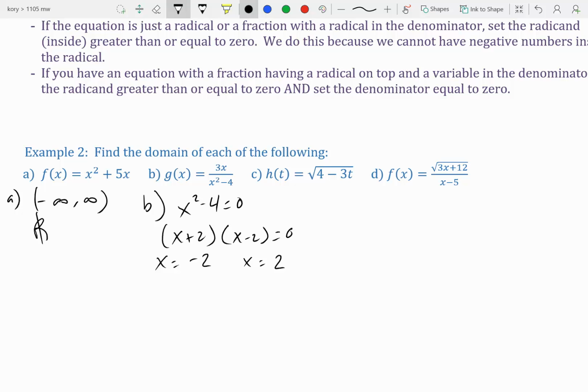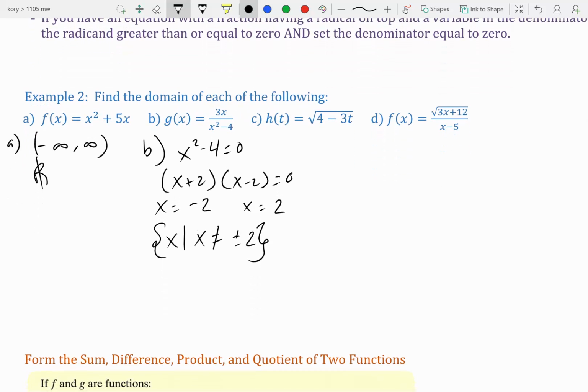So set builder first: x such that x cannot be positive or negative 2. In interval notation, it's negative infinity to negative 2, and then 2 to infinity. And we use parentheses because we don't want those numbers in it.